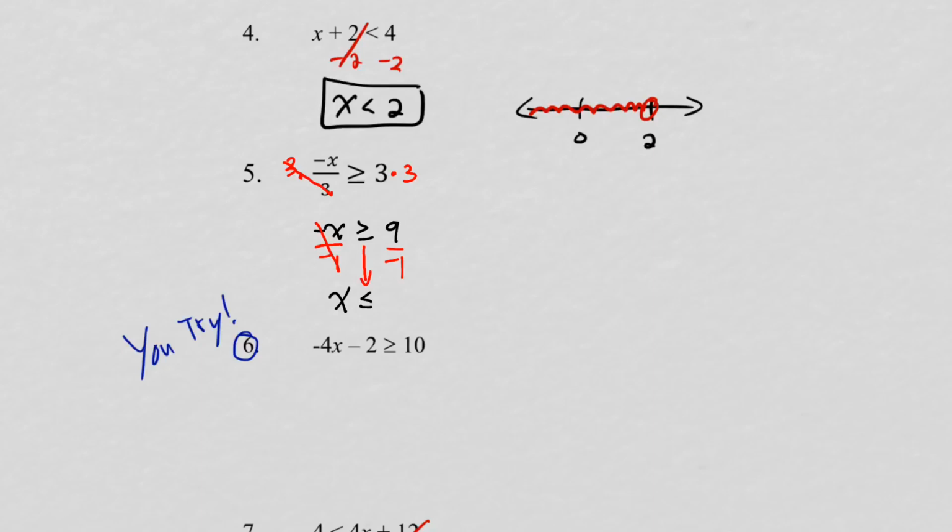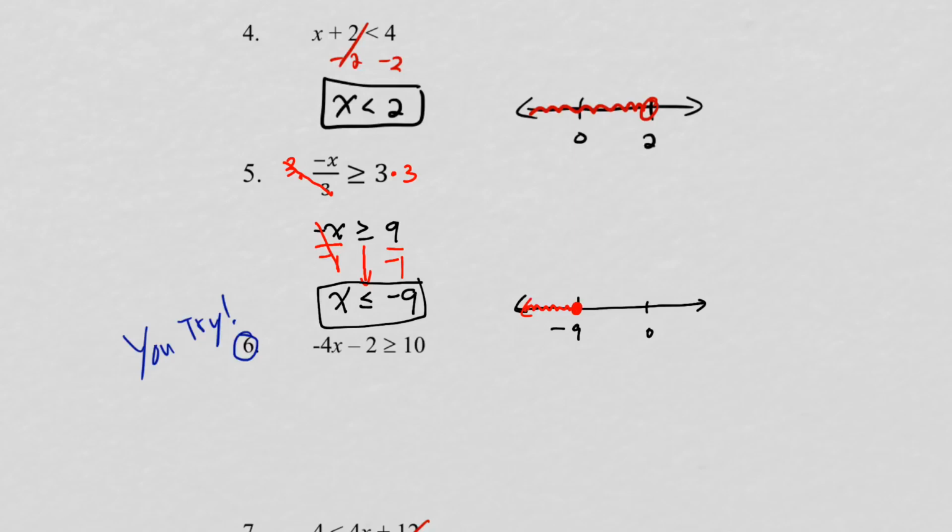Okay, so now we have our final answer. All we need is just a couple of numbers there. You don't need all the tick marks. We're going to do a closed circle at -9 and shade to the left. You can see that the less than is pointing to the left with the x on the left.